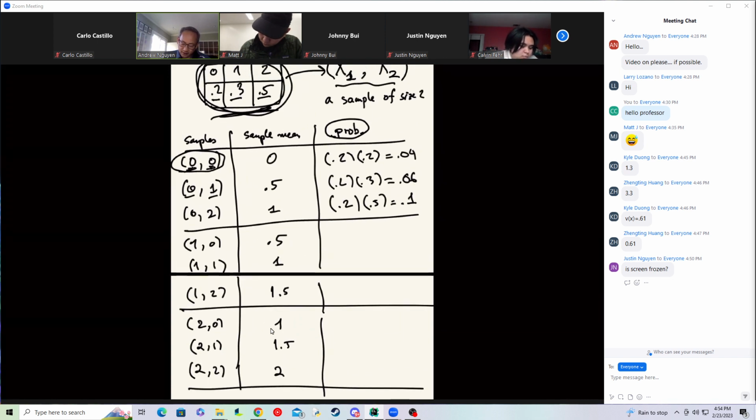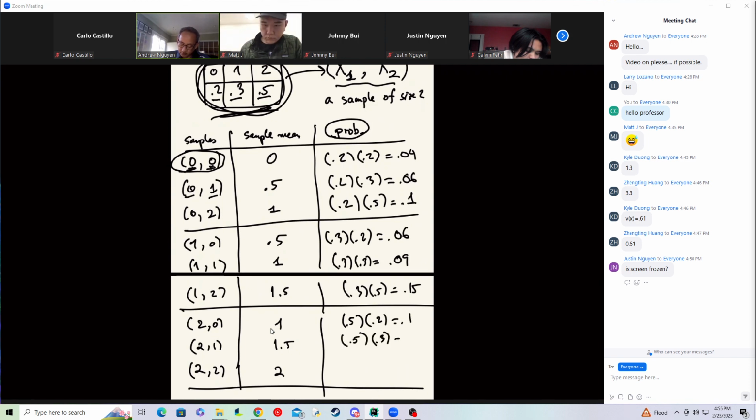The probability of getting 1 and 0, so 0.3, 0.2, so that's 0.06. 1 and 1, 0.3 and 0.3, so that's 0.09. 1 and 2, so 0.3 and 0.5, so that's 0.15. 2 and 0, 0.5 and 0.2, so that's 0.1. 0.5, 0.3, so that's 0.15. 0.5 and 0.5, so that's 0.25. Agree?